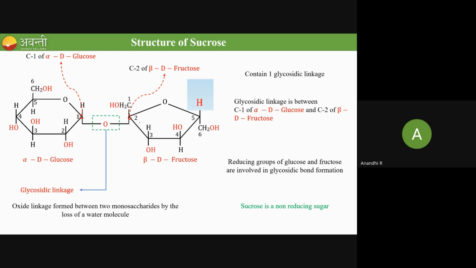Aldol? No, it is not aldol. Aldol means we do the reaction between two aldehydes or two ketones in presence of a base. But here we are not using any such base. And also we are not having any double bond over here, no? This is not cross aldol also.